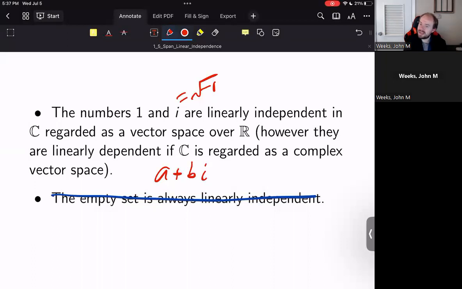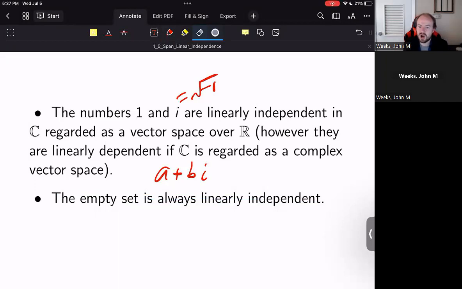This is a linear combination, isn't it? You're taking a real number like 1, a times 1, taking its span, and then adding to that the span of the number i, the square root of -1. That's the b times i. So this is a linear combination of those two elements, 1 and i. It turns out that that's linearly independent. There's no way to get this equal to 0 unless both a and b equal 0.